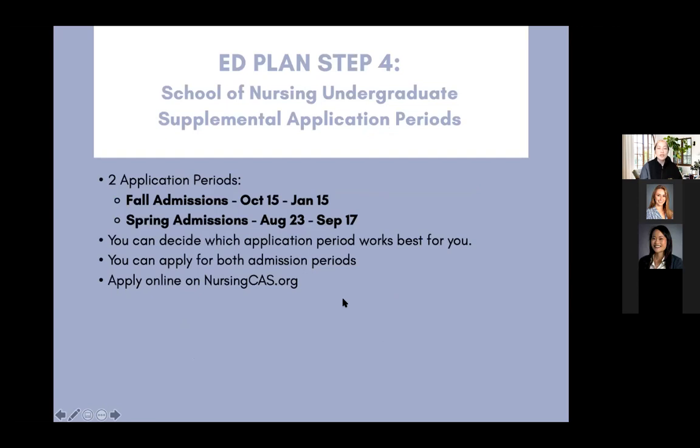You decide which application period works best for you, as long as you have all the admissions requirements and all the prerequisite classes completed, and you can apply for both admission periods. You will use this nursingcast.org website to apply and submit your nursing application. This is similar to how Cal State Apply is. It's kind of like the big hub of where all the nursing applications are.